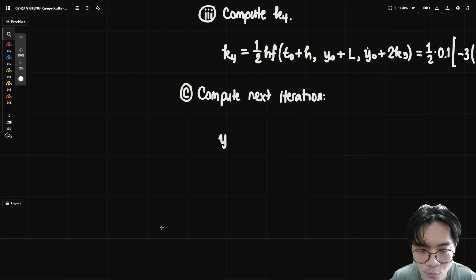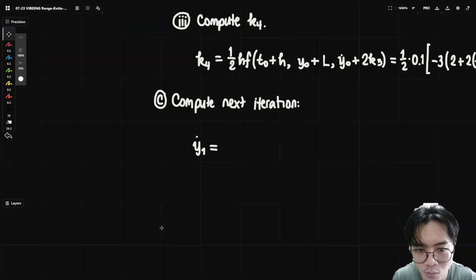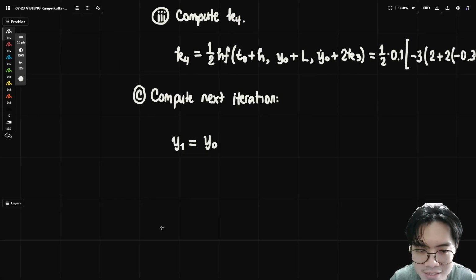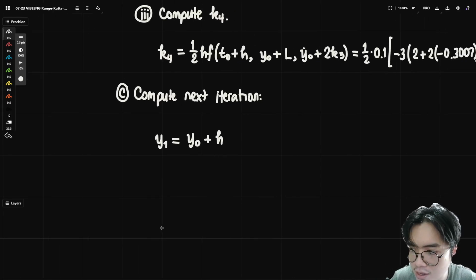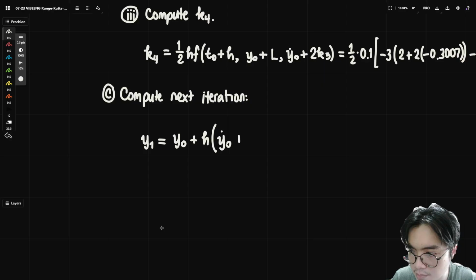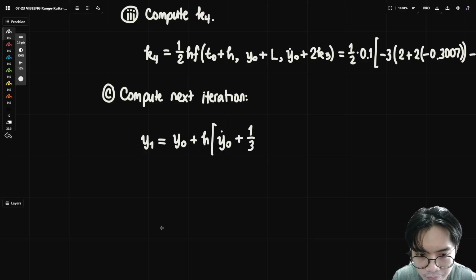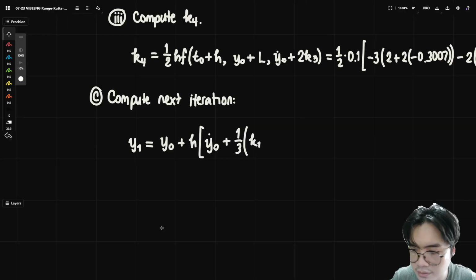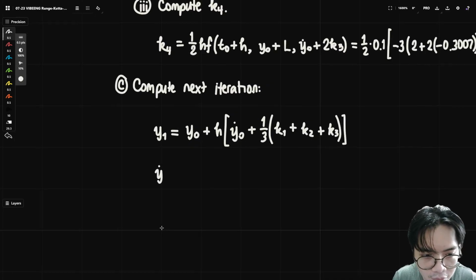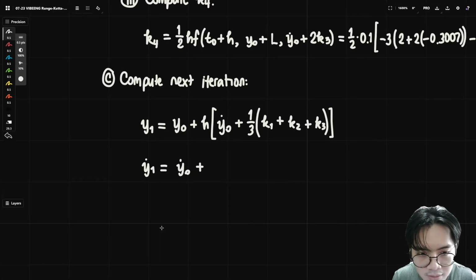So, magiging y value natin ay y1 is equal to y0 plus h times, ito na ang ating mga contribution, y0 dot plus 1/3, gawin ko itong square bracket, K1 plus K2 plus K3. And then, ang ating bagong velocity will be our old velocity plus 1/3.